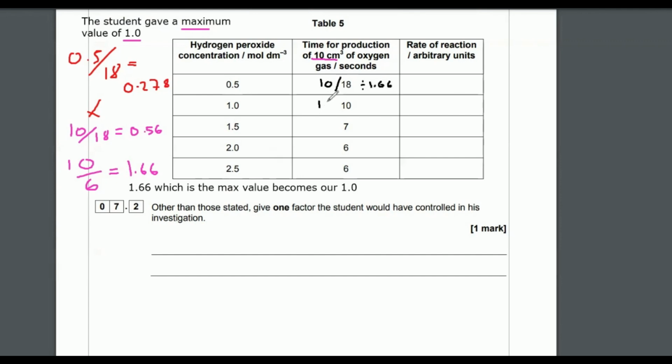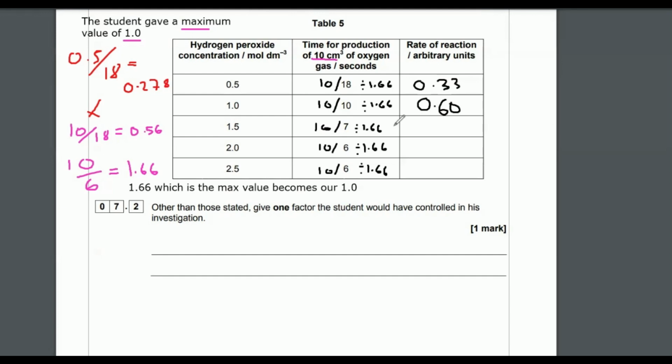So once we calculate the rate of everything else, it has to be converted into values where 1.66 is the maximum. Basically, you need to do 10 over the time and then divide that by 1.66, because everything is in relation to the maximum value, 1.66 equaling 1. So you do 10 over 18 divided by 1.66. 10 over 10 would normally be 1, but that can't be our maximum value because we've been told 1.66 is equal to 1.